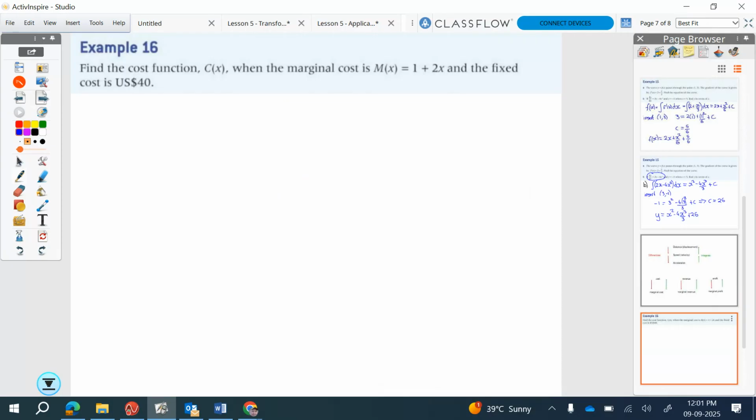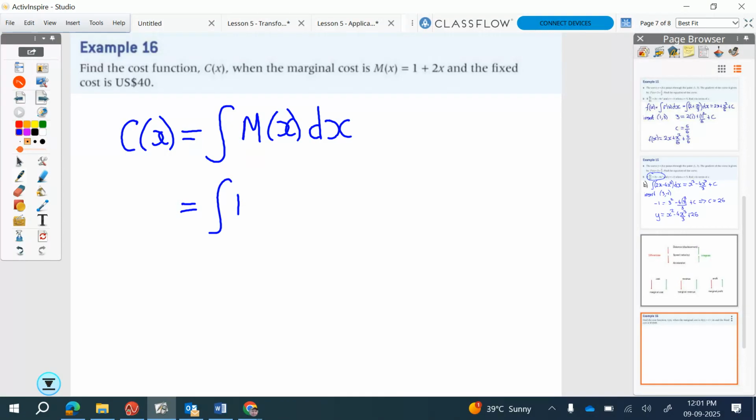So the cost function is the integral of the marginal cost function. So we need to integrate 1 plus 2x with respect to x. That's going to give us x plus x squared plus c.